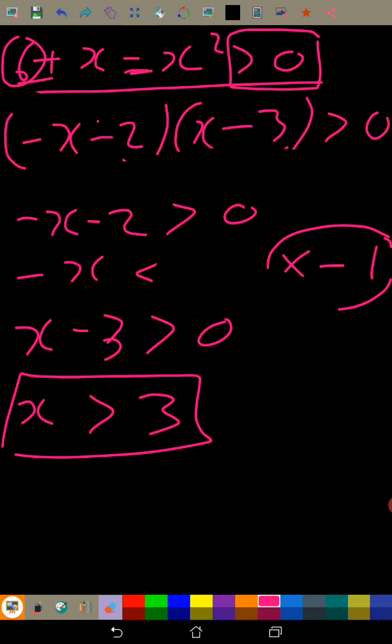So we have this, we change because this became like that. And so when we're dealing with, let's say X is 2. Minus 2 is greater than 0.